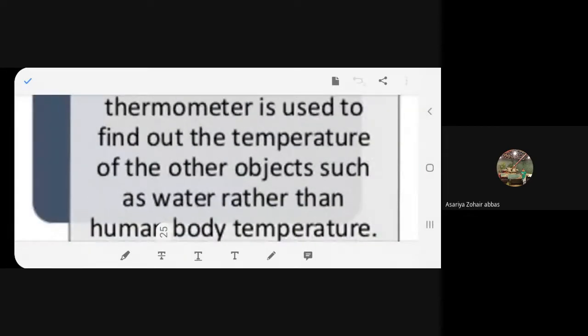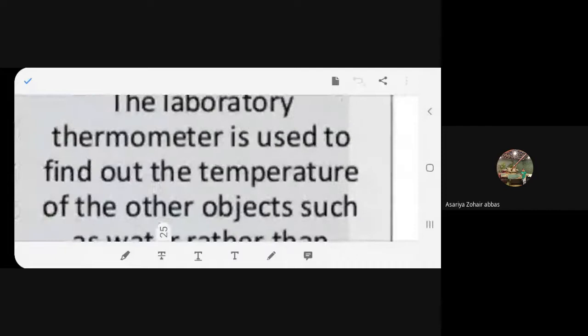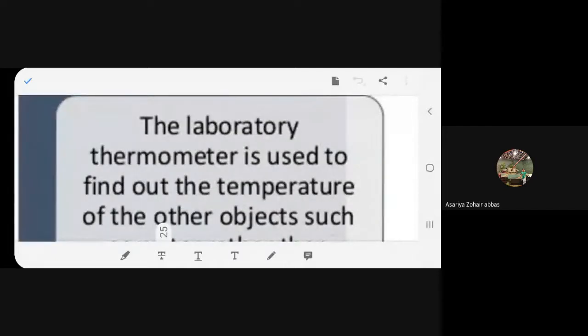So you can take the temperature of any object, name it, except the human body. Is it clear? So we are not taking the human body, but we are taking everything except the human body. That is the laboratory thermometer.